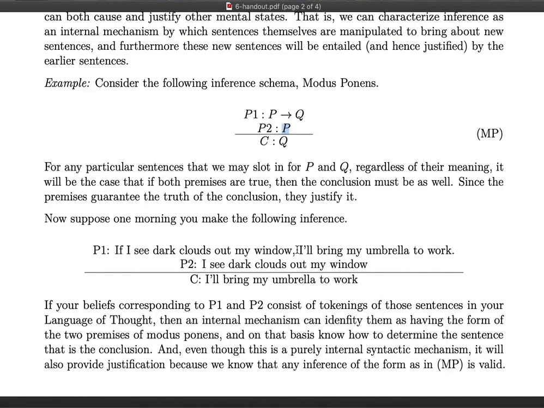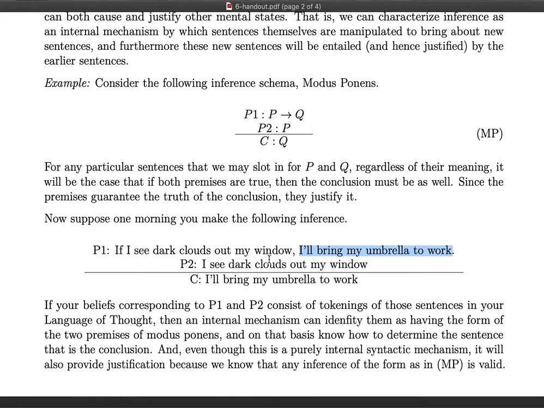And then this internal mechanism will look at what the consequent of the conditional is, so what Q is, and then purely on the basis of identifying the way these sentences themselves look, it can identify that if you make this into the conclusion, then you'll have a conclusion which is guaranteed to be true if the premises are. Because we know that anything of this form is such that if the premises are true, then the conclusion must be.